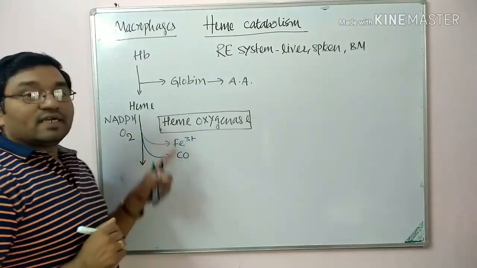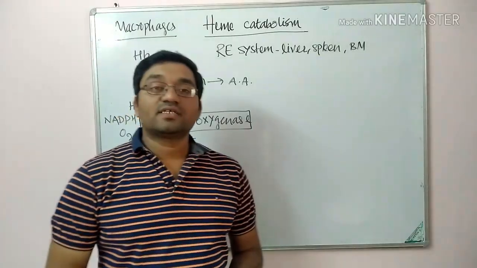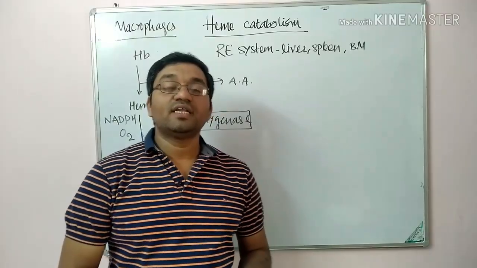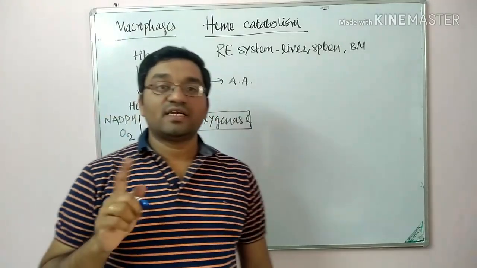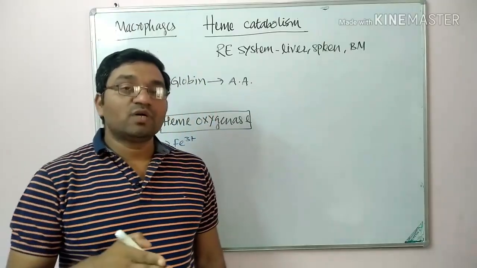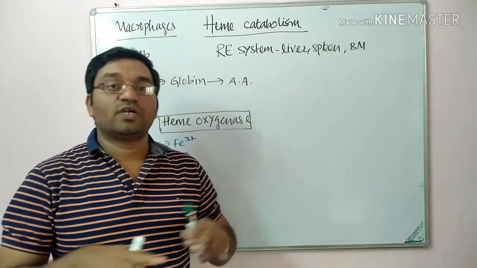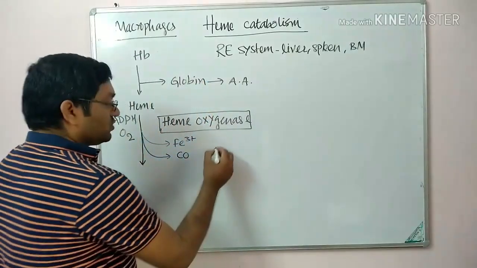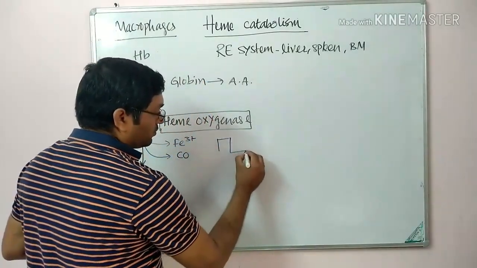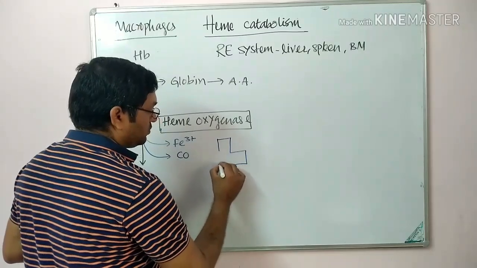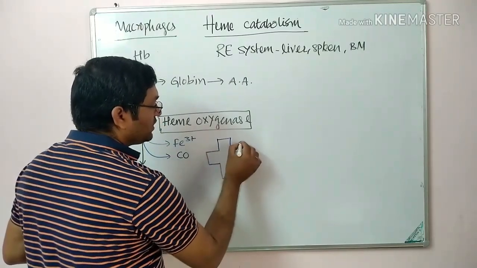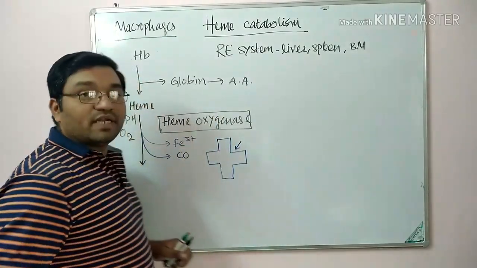Heme oxygenase attacks the methine bridge, or methanyl bridge, between the first and second pyrrole rings and cleaves the ring, converting the tetrapyrrole into a linear pyrrole molecule. So this one is the heme and this one is the alpha methine bridge.